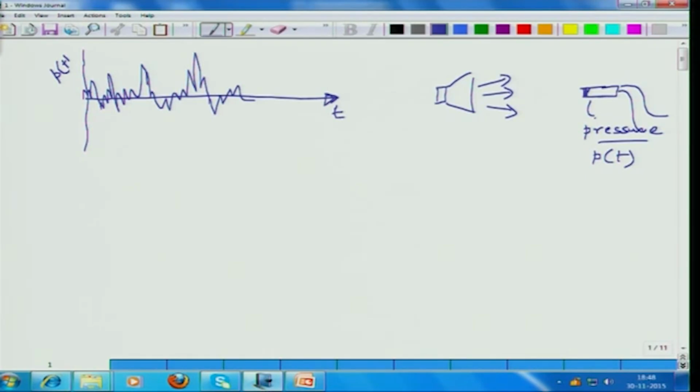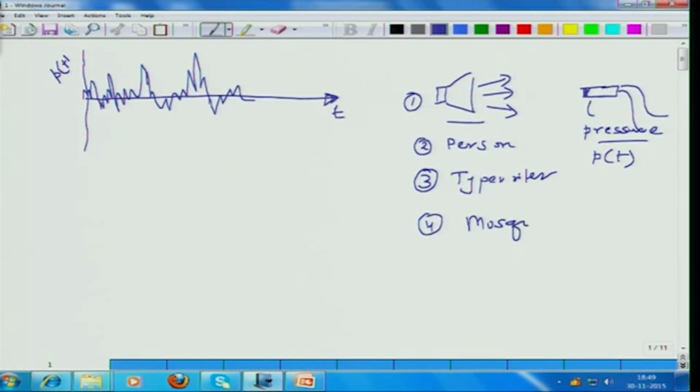Suppose case 1 was a speaker, case 2 was a person talking at a normal amplitude level, case 3 could be a typewriter, case 4 could be a mosquito 1 meter away, case 5 could be a car passing by.